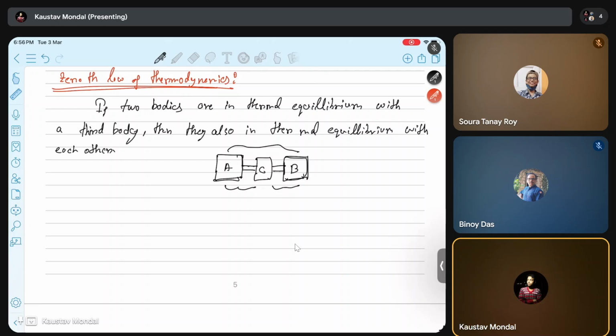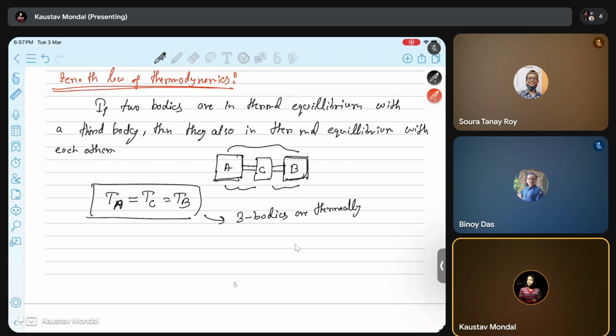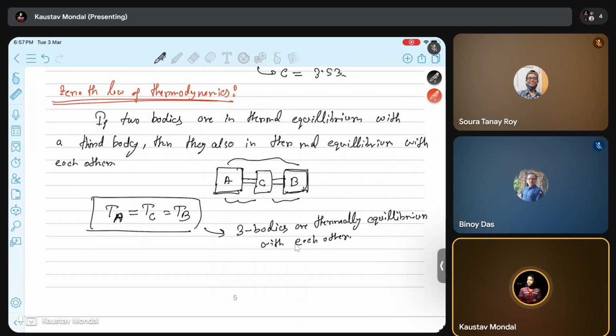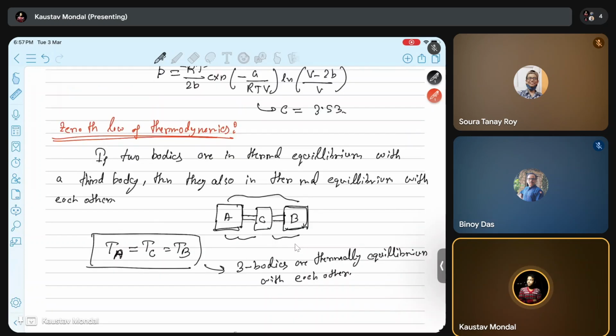So if TA, the temperature of body A, is equal to the temperature of body C and the temperature of body B, in that case all three bodies are in thermal equilibrium with each other. So the concept of temperature becomes a very important quantity to figure out whether systems are in thermal equilibrium with each other or not.